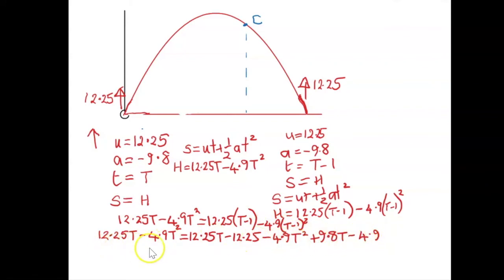But this equation is not as bad as it looks, because some terms are going to cancel out. So we've got minus 12.25 and minus 4.9. Let's take those to the other side, and we get 17.15 is equal to 9.8t, and this gives us t equals 1.75.